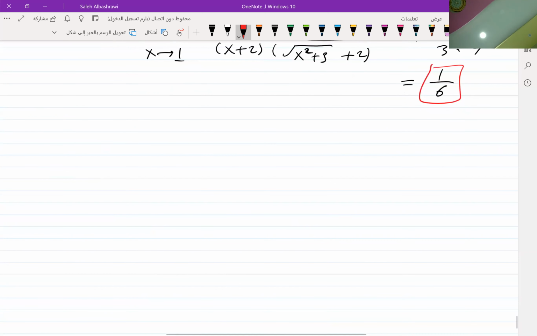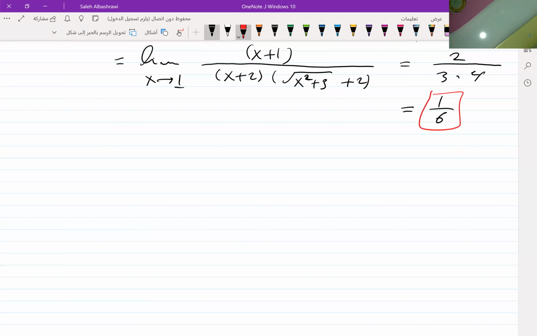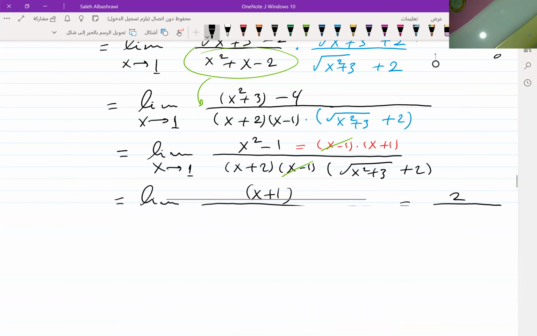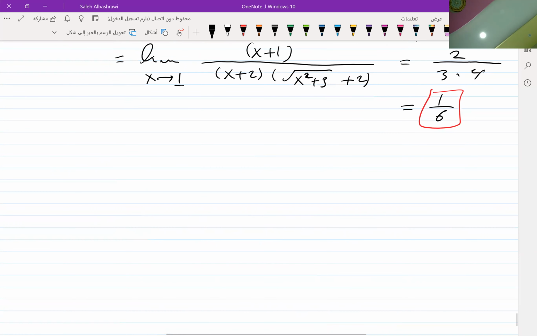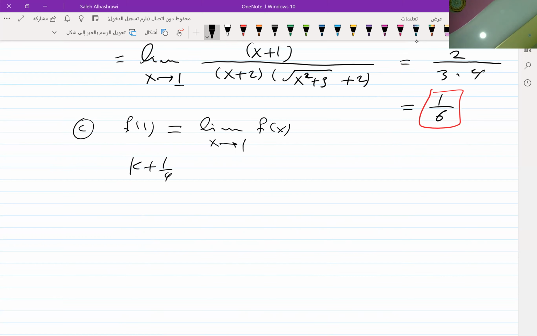This is the third condition: f of 1 is equal to the limit. So in the first condition, we said that the value is k plus 1 over 4, equal to the limit, which is 1 over 6.